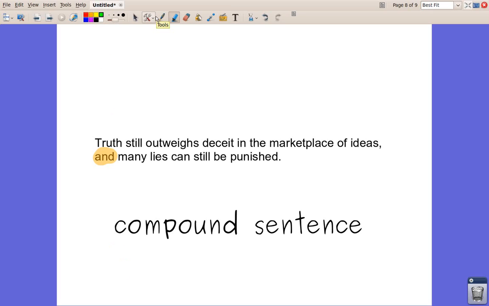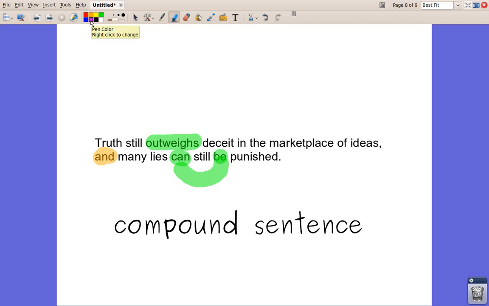So let's start by looking for our verbs. First one, outweighs. Second one, can, and just like before, be. Those two are connected. Still is an adverb. It's just kind of stuck in there, the same way it's stuck over there.